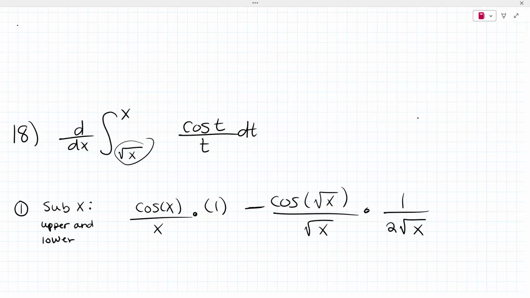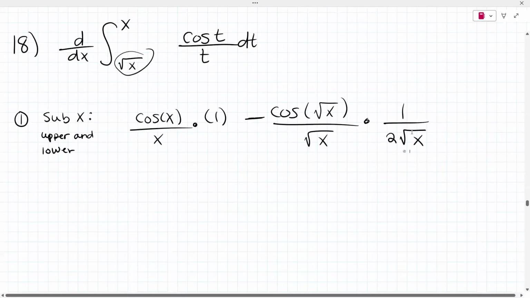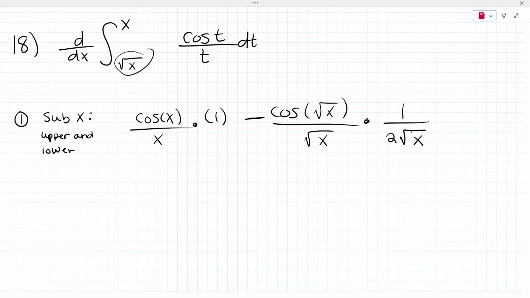Okay. And then what you get is cosine of x over x minus, so when you multiply this out, you're going to get cosine of square root of x.